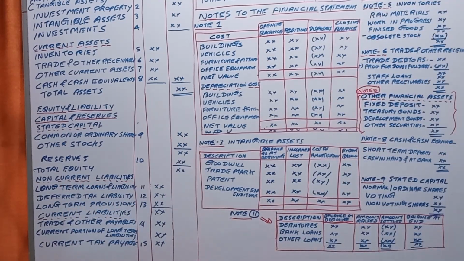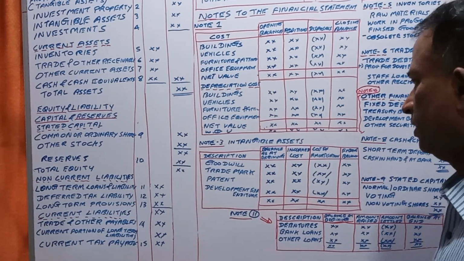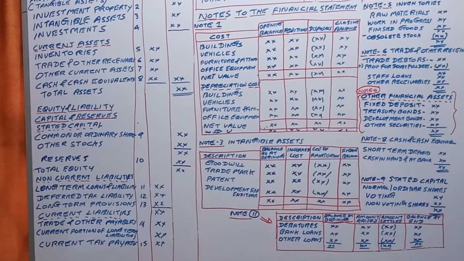In note number 11 we provide long term loans and liabilities, that is debentures, bank loans and other loans that we have obtained.